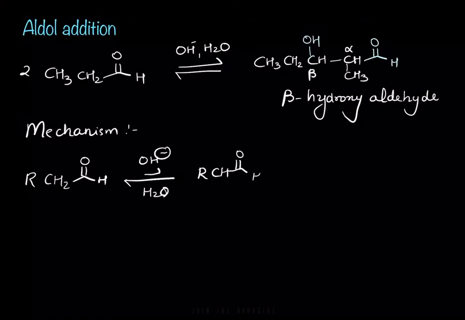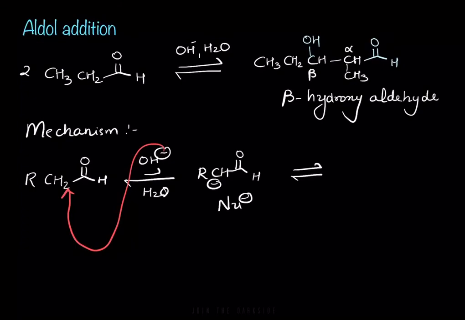I'm sure by this time you know how to generate the enolate ion. So you have the base that's going to grab this hydrogen, and it's going to form the enolate ion. In the next step, this enolate ion is going to behave as a nucleophile and attack the second carbonyl compound, which is the second aldehyde here.